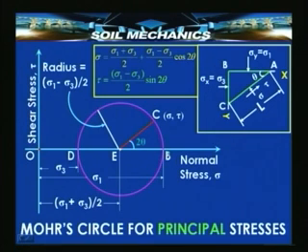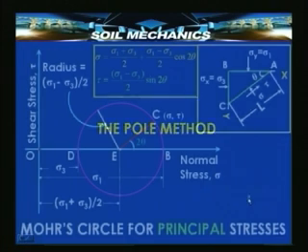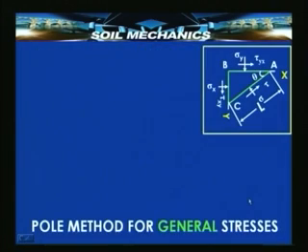Rather than going by this concept, we can also proceed by simply knowing the orientations of the planes. That is what the pole method is all about. Start once again with this index or key diagram for general stresses. So, now if we have general stresses, how do we use the pole method for determining the stresses sigma and tau? We follow a series of steps as always, as we have been doing in the earlier instances.